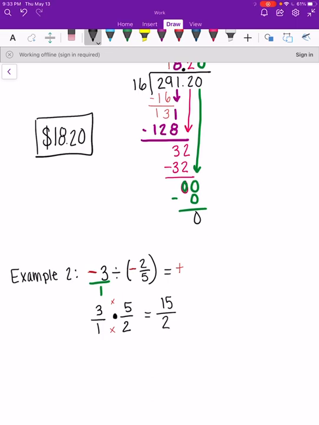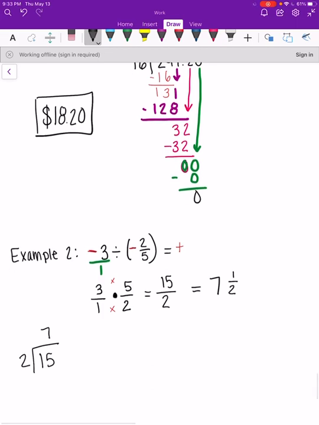So what is 15 over 2 as a whole number? Well, 2 goes into 15 7 times, but we're still left with 1/2. And I can show you that over here really quick. 15 divided by 2. 2 goes into 15 7 times. 7 times 2 is 14. 15 minus 14 is 1.